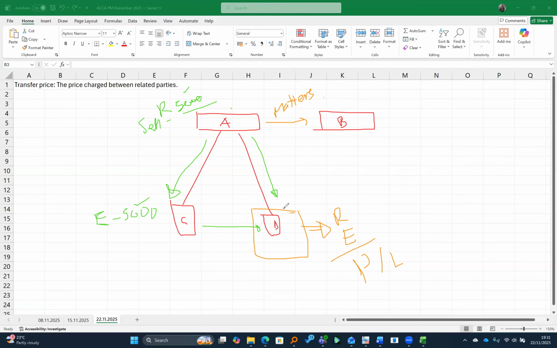So we have to talk about fairness when we are discussing transfer pricing. Fairness. So that's what we are going to try to answer when we look at this question. So now that is a small introduction of the whole concept.